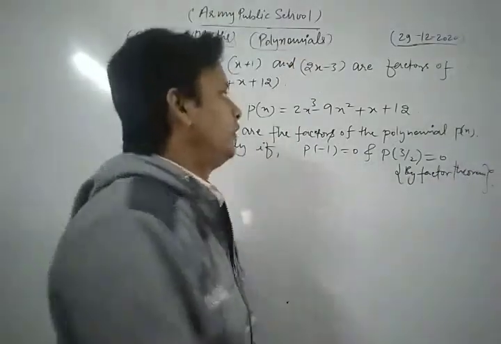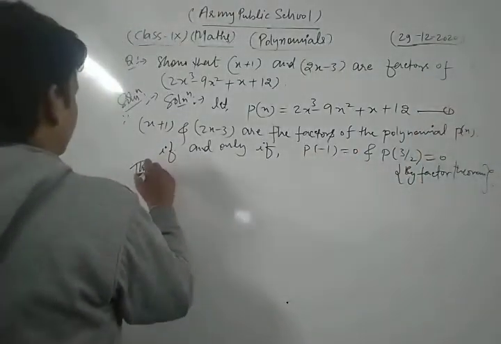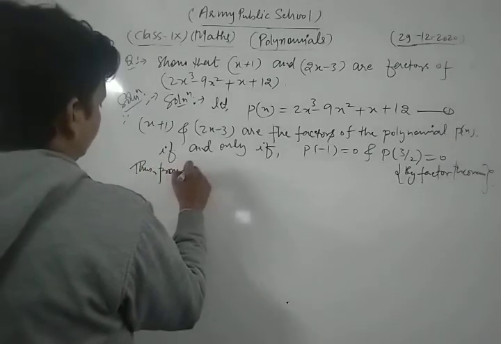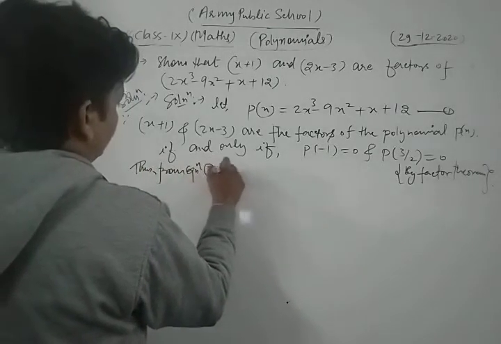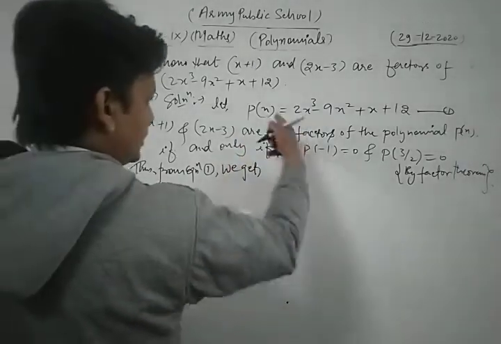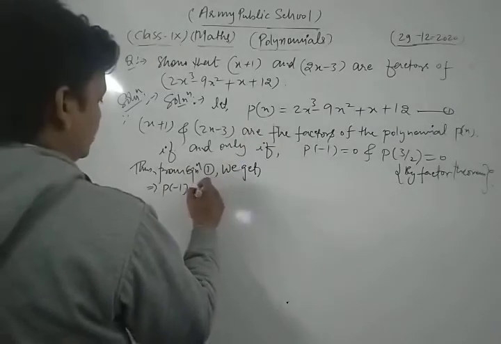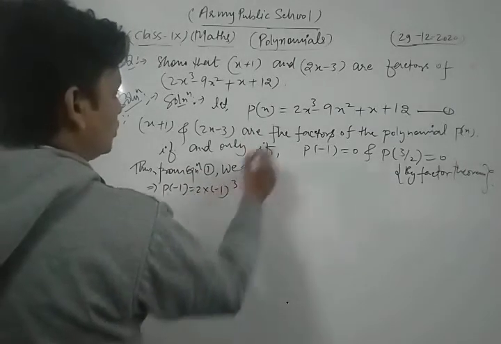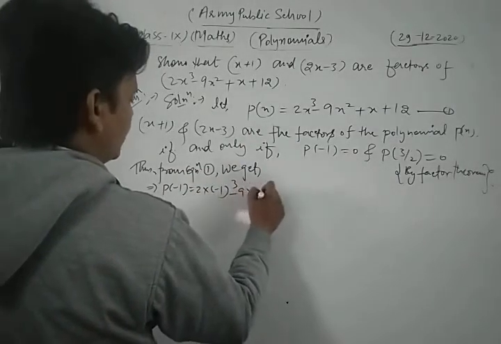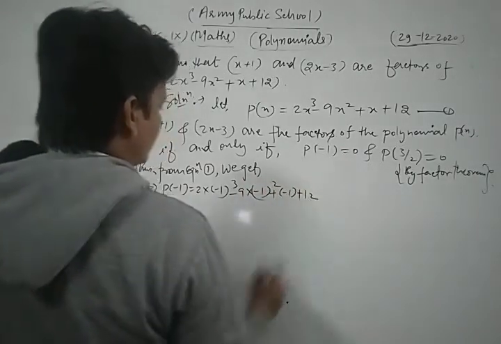Okay. Now let's see. We take this as equation 1. Thus, from equation 1 we get, let's see, we just replace x by −1 first of all. So p(−1) is equal to 2 × (−1)³ − 9 × (−1)² + (−1) + 12.